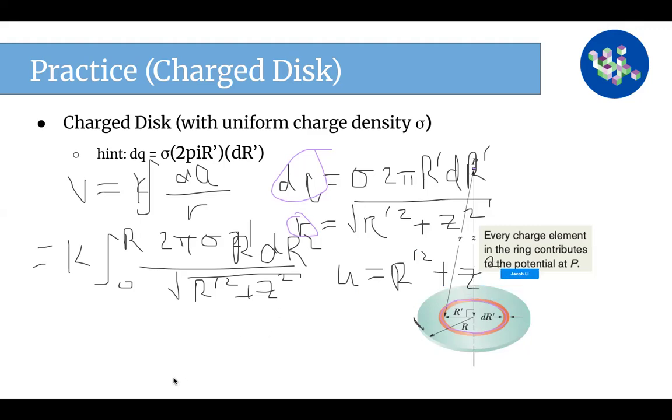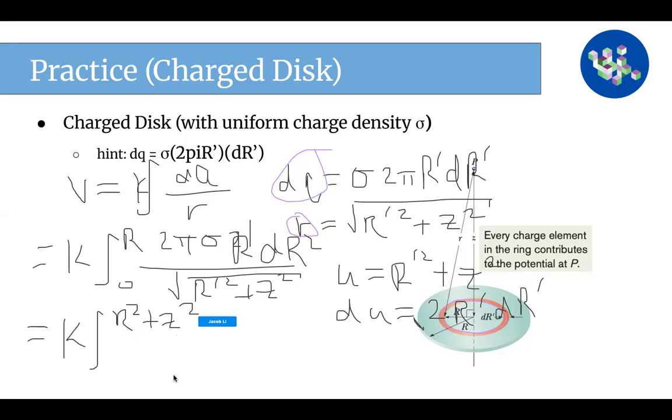We do this because if we take the derivative of that, you would see du equals 2r prime dr prime, and that would cancel out the r prime in the numerator. You would also have to change the bounds. So you plug the bounds into your expression for u. That would be R squared plus z squared, and on the bottom it's just z squared because r prime is 0 there.